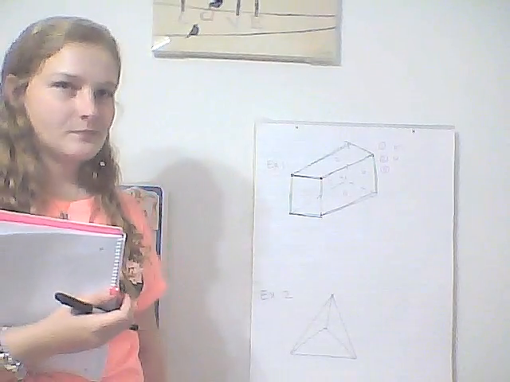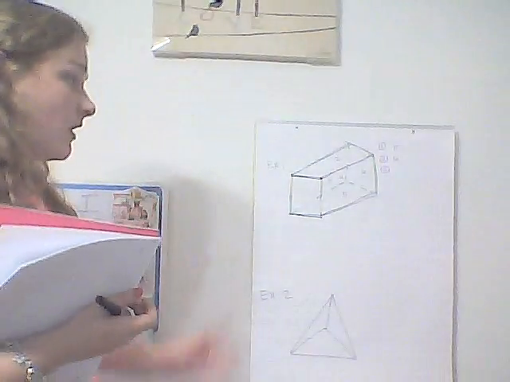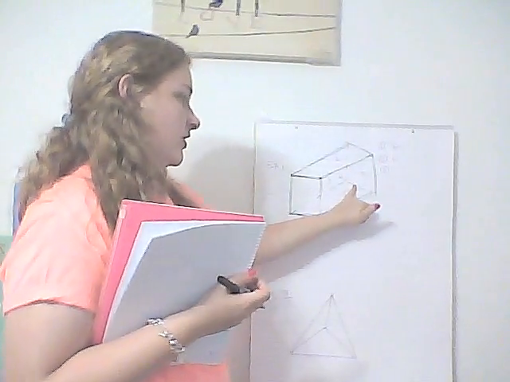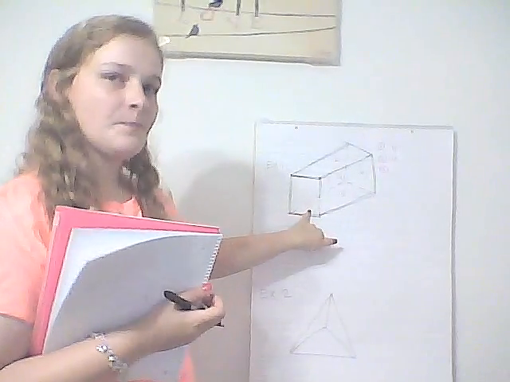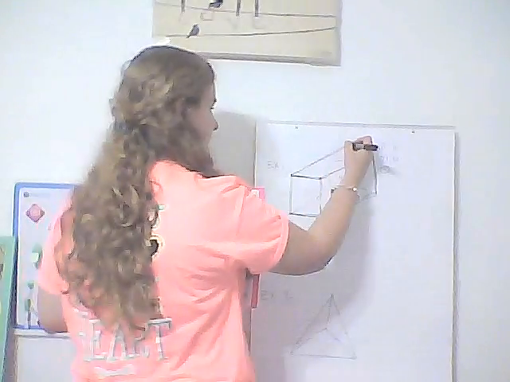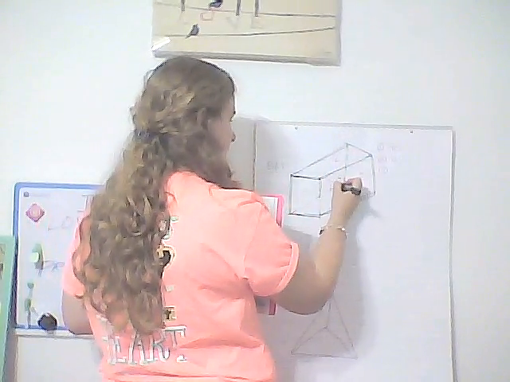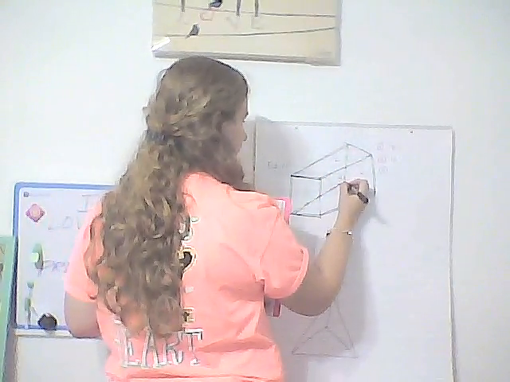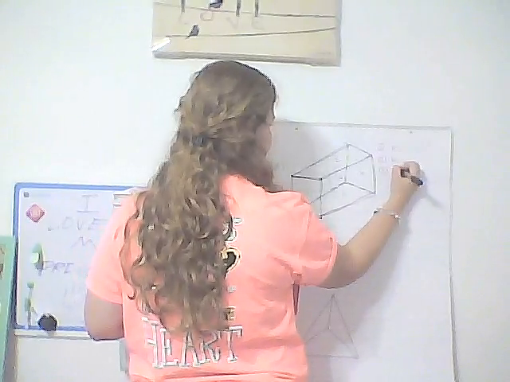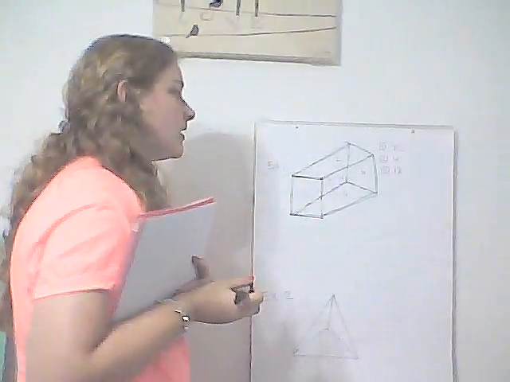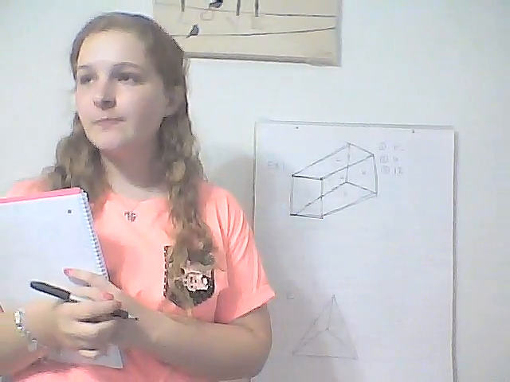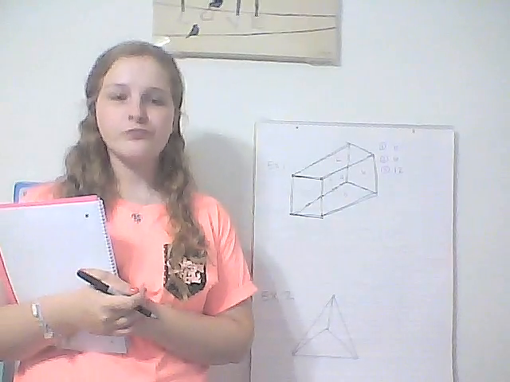Robert, why? Exactly, you still have the back side of the shape. Does that make sense, Stephanie? So we have 10, 11, and 12. So 12 is our answer. Does anybody have any questions so far?